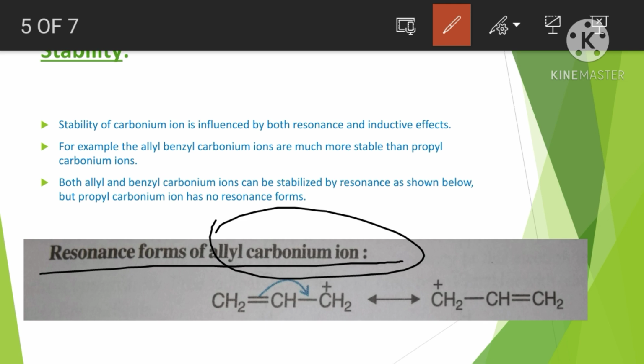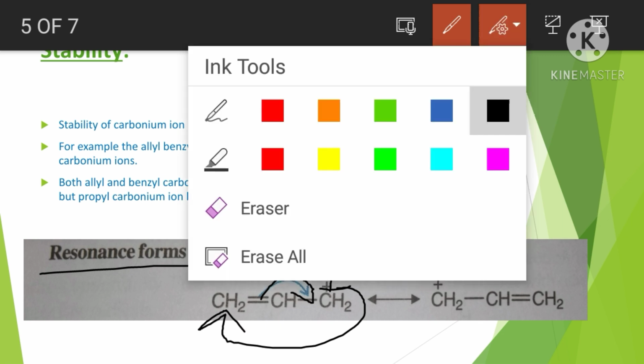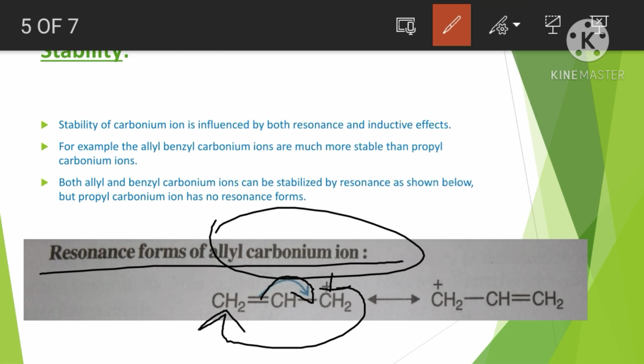In allyl carbonium ion, what happens? The double bond which is present here is shifted to this carbon atom, and the positive charge which is here is shifted to this carbon atom. This carbon atom gains positive charge and the double bond will be shifted here. Again this double bond is shifted to this carbon atom, and this positive charge goes to this carbon atom.